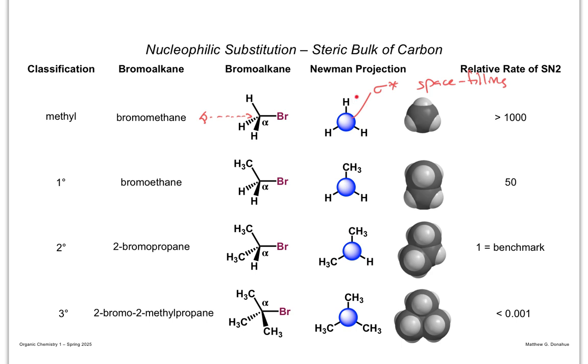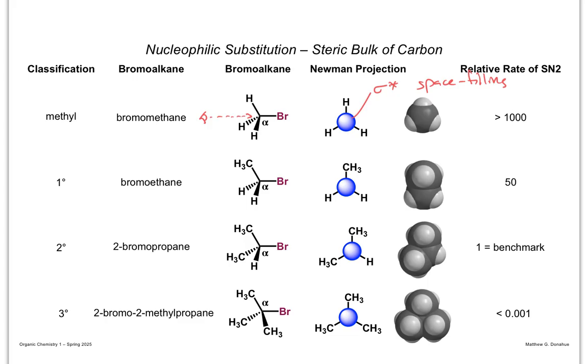As you substitute these hydrogens for carbon groups, so CH3, now what you see is that the space where that sigma star is, there's less volume available there. So that space is now decreased because it's occupied by a bigger carbon group.